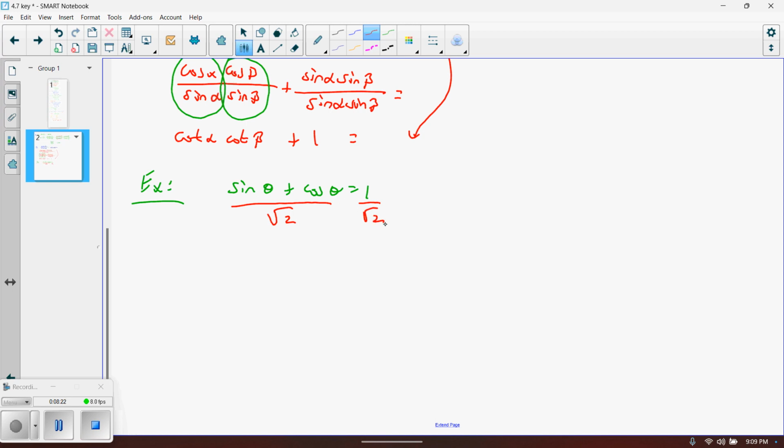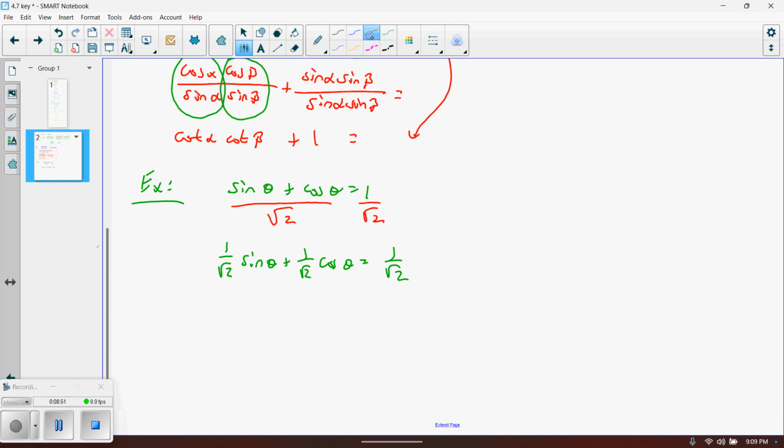So in doing so, now I can split the left-hand side to be sine over the square root of 2 plus cosine over the square root of 2, or another way to write that would be 1 over the square root of 2 times sine of theta plus 1 over the square root of 2 times cosine of theta equals 1 over the square root of 2. I probably could have just said, let's multiply both sides by 1 over the square root of 2. It works out the same way.